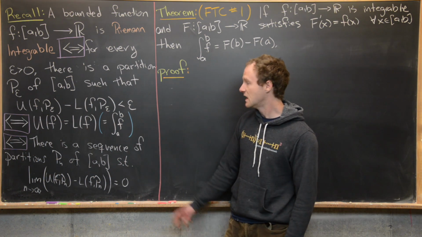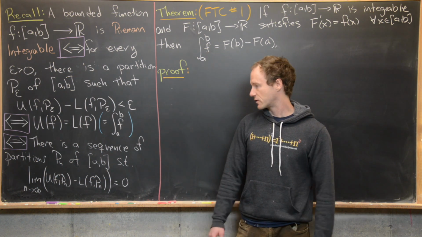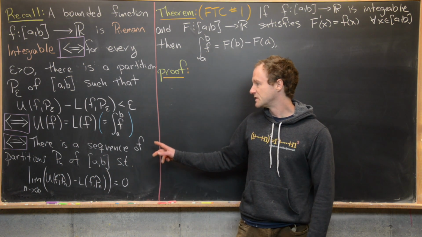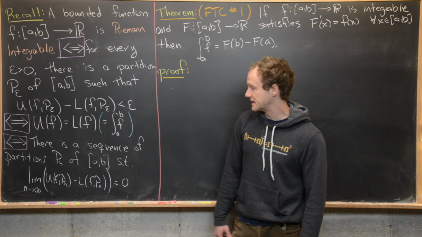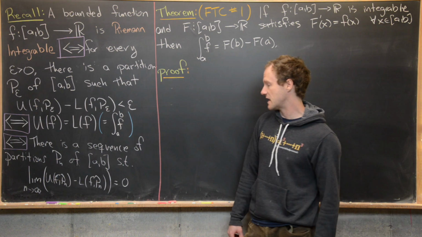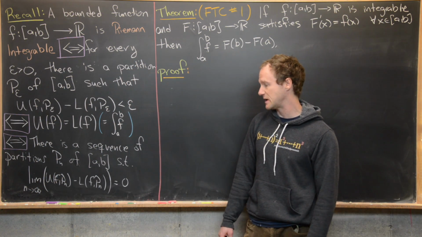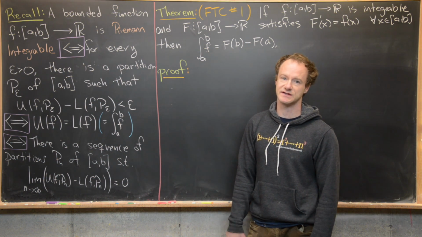partitions. Then finally, there's a sequential criterion for integrability that's given like this. So this is if and only if there is a sequence of partitions P_n of the interval [a,b] such that the limit as n goes to infinity of U(f,P_n) minus L(f,P_n) is equal to 0.